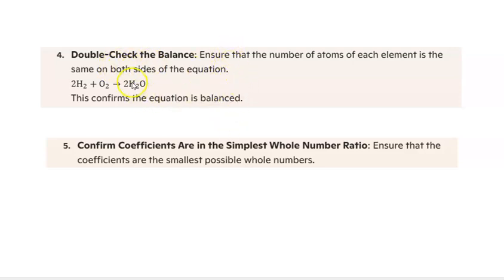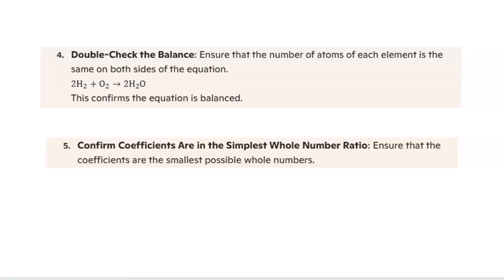You have to confirm that the atoms are the same on both sides in order to say that the equation is balanced. And the other thing that you have to confirm is that the coefficients are in the simple whole number ratio. What does it mean? Maybe you can have here a 4, a 2, and a 4.